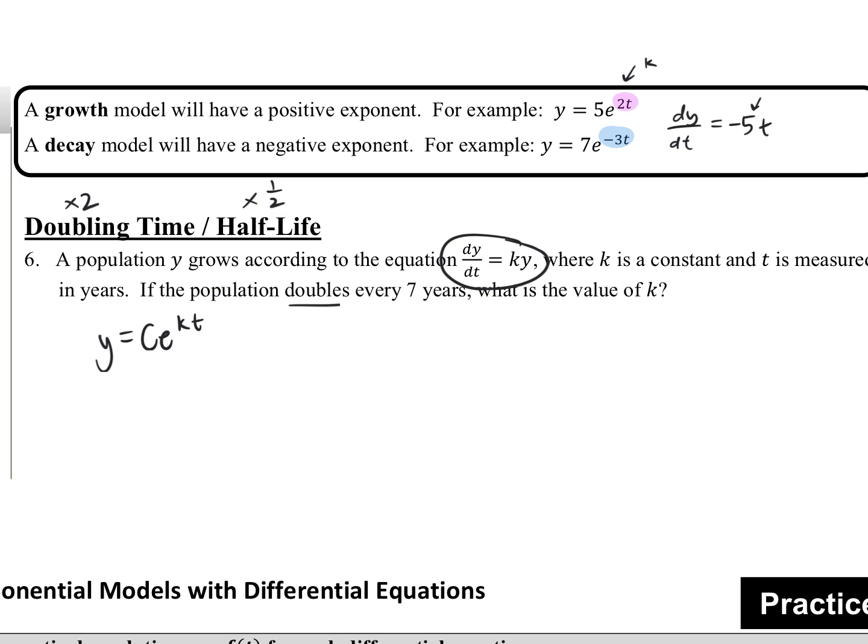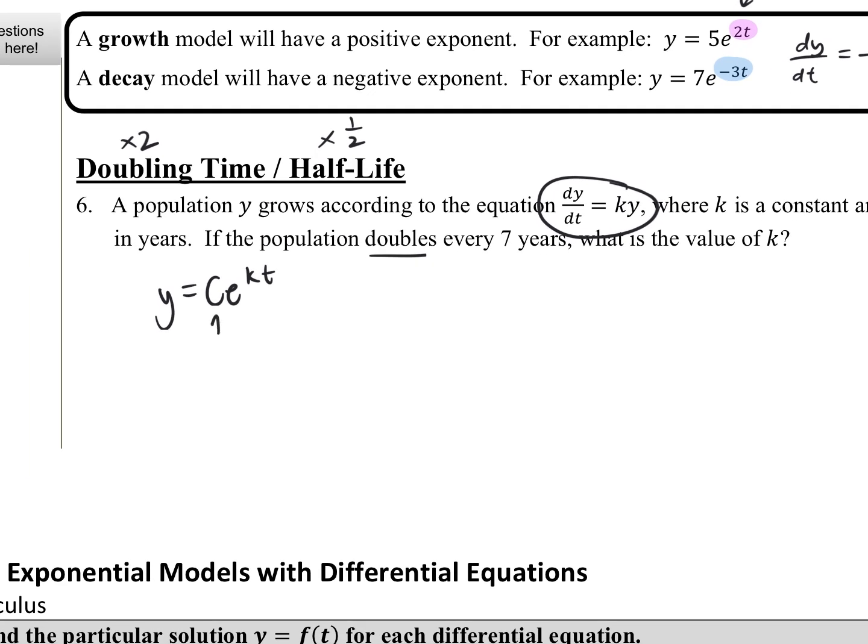This C is my initial condition, right? So what if my initial condition was, let's say, the population was 10? Then that means the population, if it's doubled, would be 20, okay? So I'm going to let this equal y sub 0. That's my initial condition, or you could let it equal x.